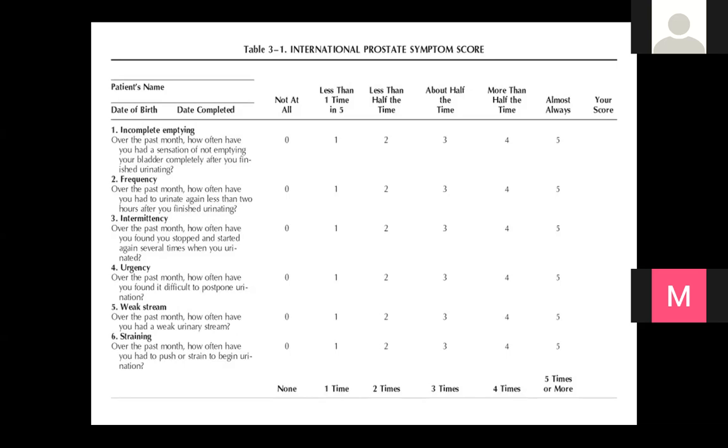If they say not at all, you score them 0. If they say less than 1 time in 5, you score them 1. Less than half the time, 2. About half the time I've urinated, 3. More than half the time I've urinated, 4. Almost always, 5. So you score each symptom like that, and then you get the final score.